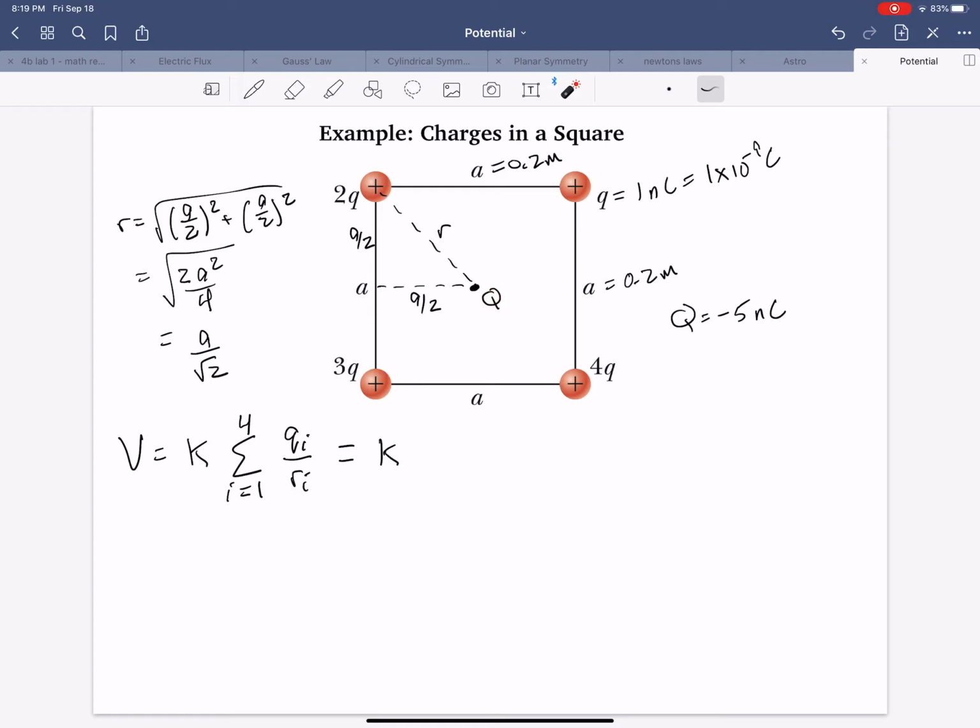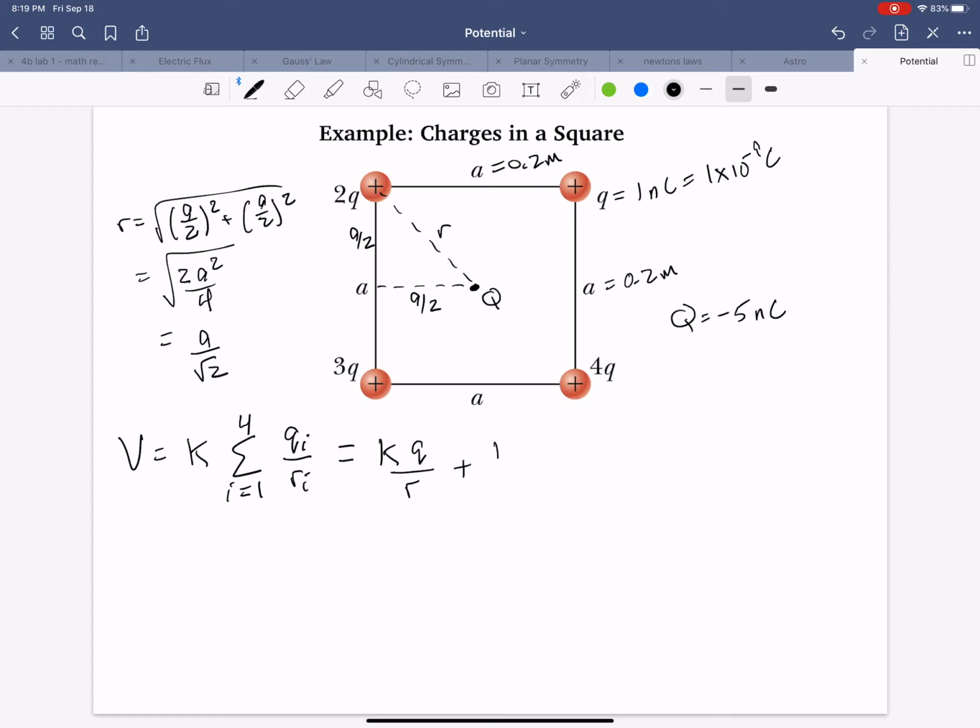So we can just take them each in their own terms and add them up. So we have k times Q1, which is just Q, divided by the distance between Q and the center, which is r. And that's our first term at least.